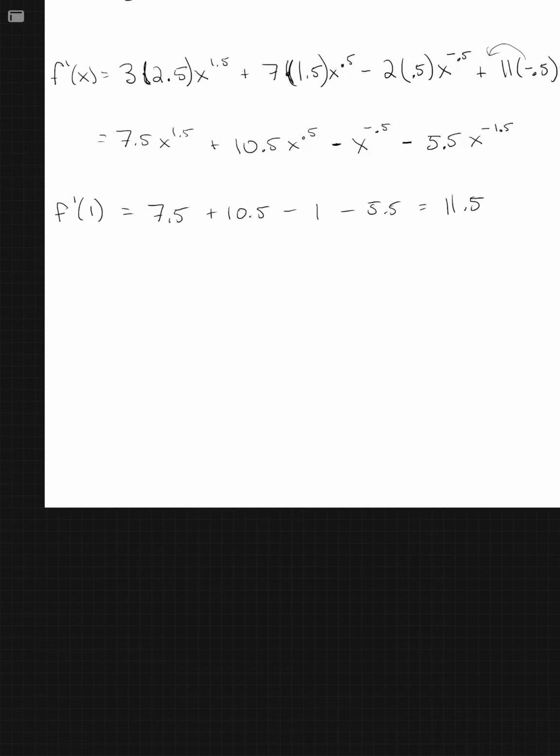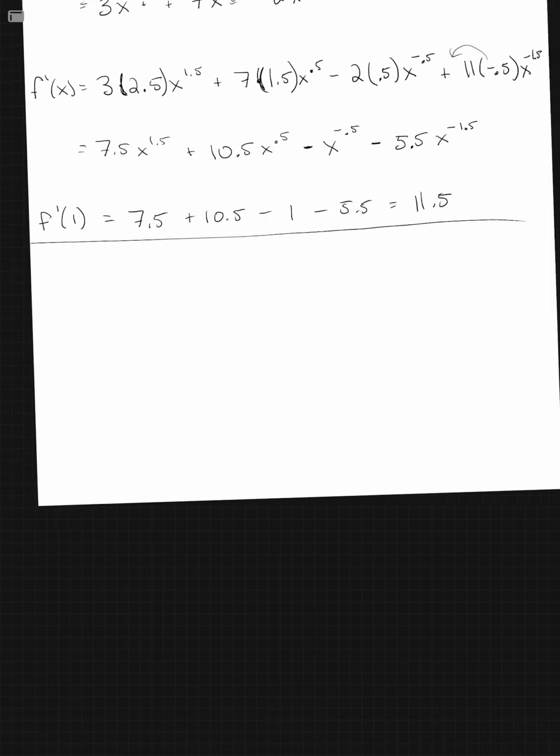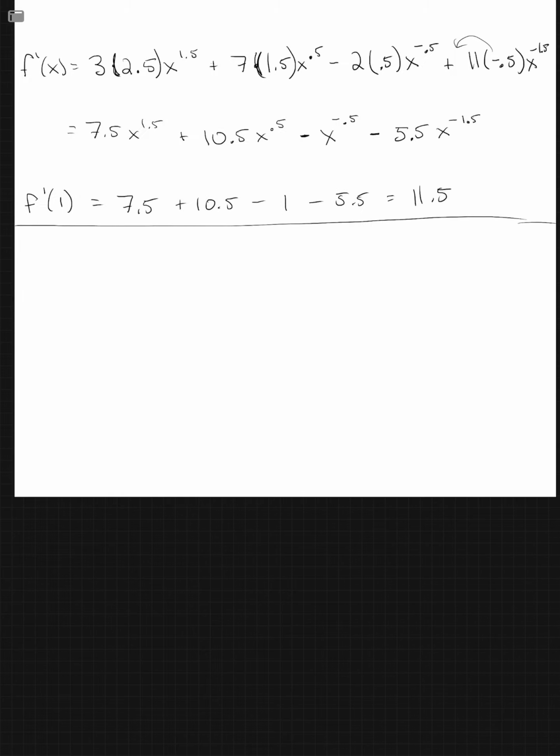There's one more problem, and I think I can fit it here. We're going to try. Maybe I'll fly too close to the sun, and there'll be some hubris. But this was from section 3.5, number 33, and it wanted a general form of the nth derivative of f of x equals x to the negative 1/2.